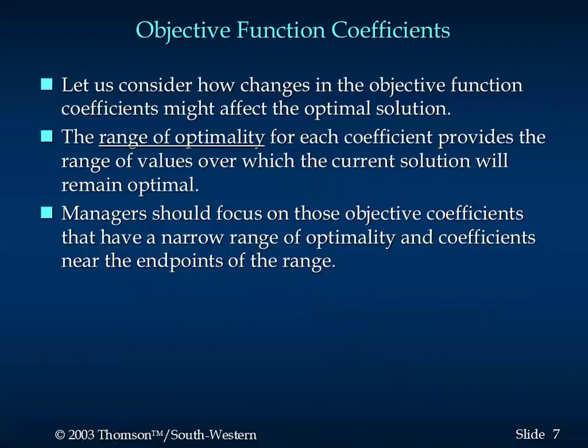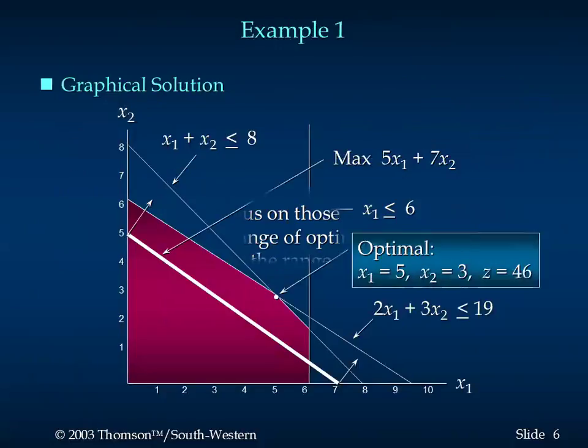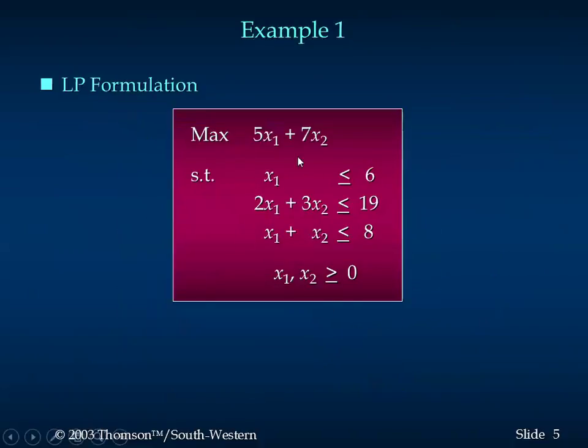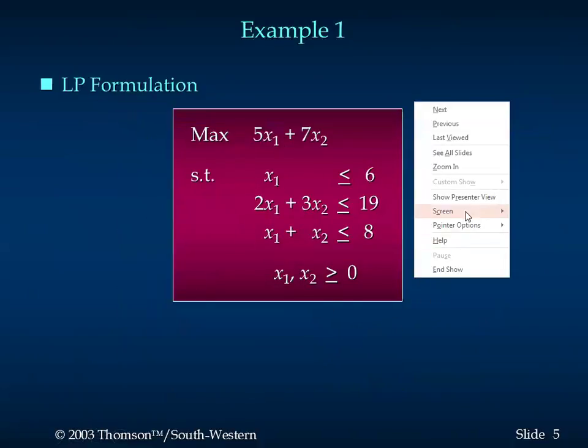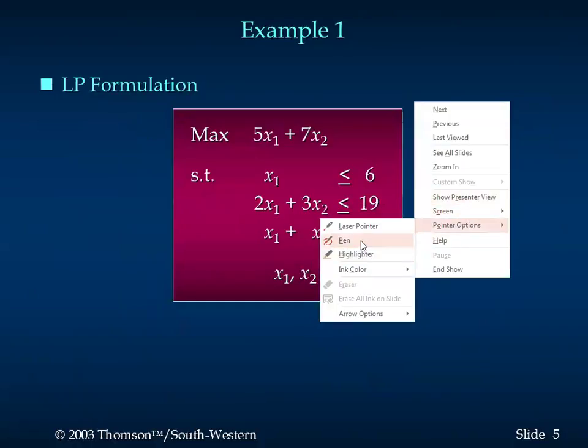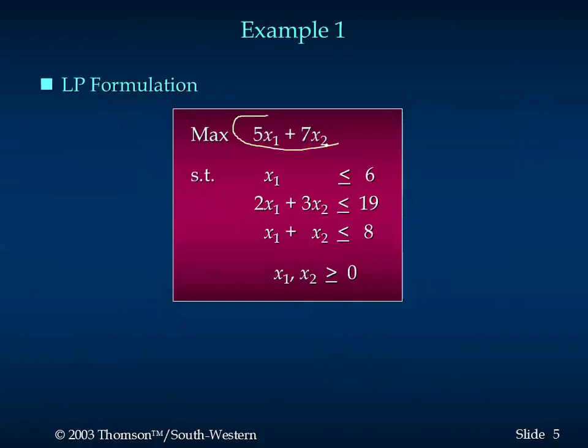Now, let's consider how changes in the objective function coefficients may affect the optimal solution. So let's go back to this. We're now going to look at changes in our objective function coefficients, 5 and 7.